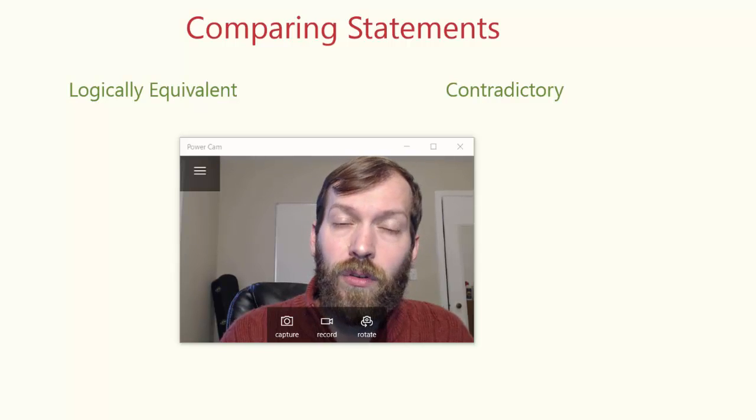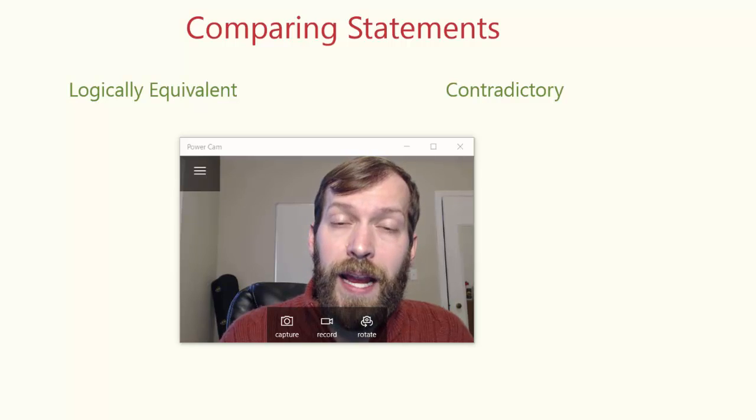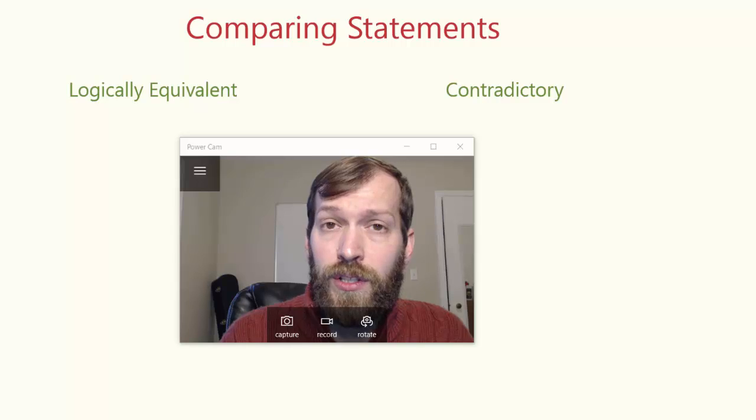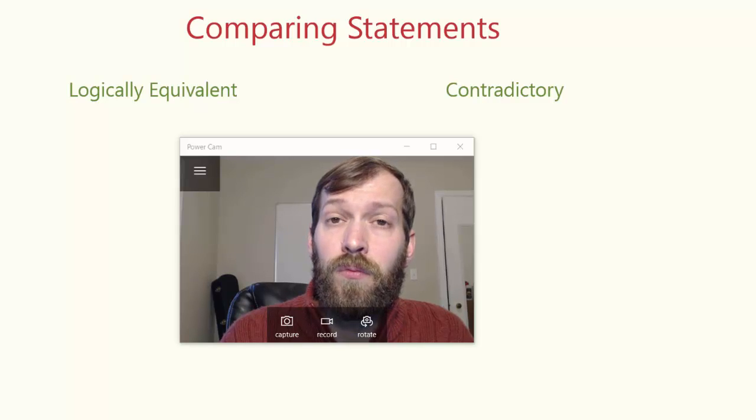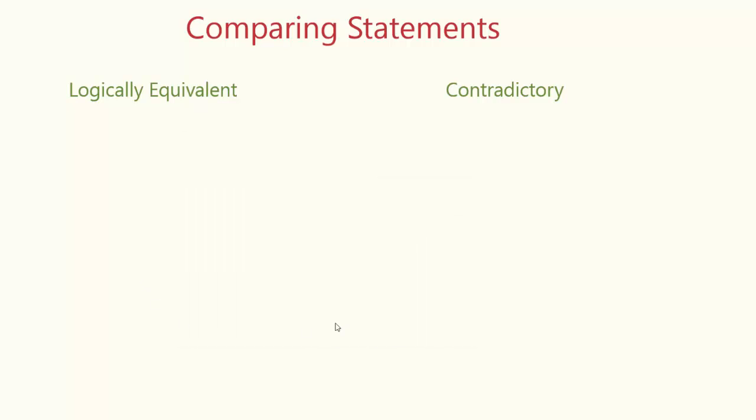As far as their logical meaning goes, they say the same thing. If, on the other hand, for each of the situations, we find that they give opposing truth values, then they are contradictory. So let's take a look at an example that will flesh this out for us.